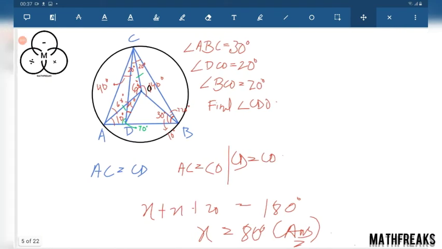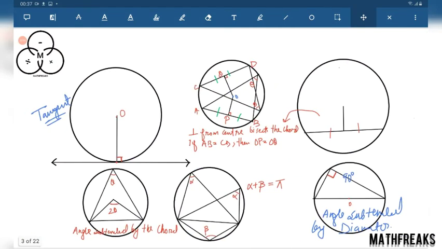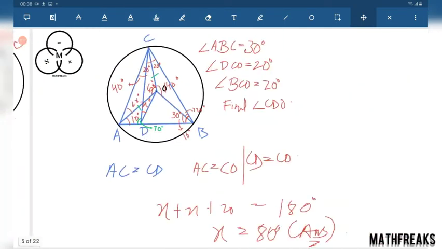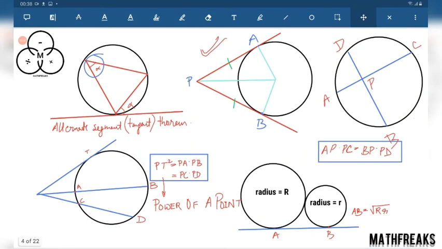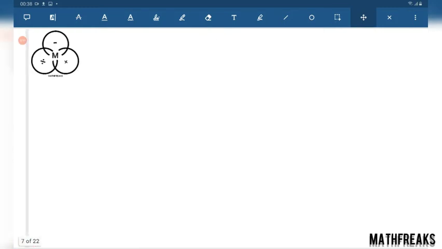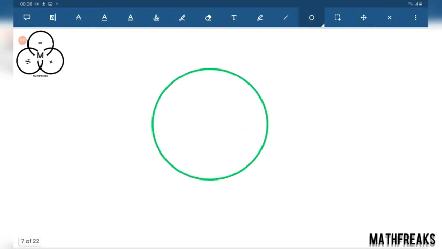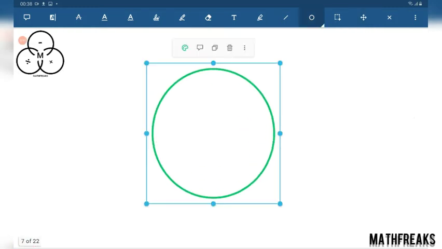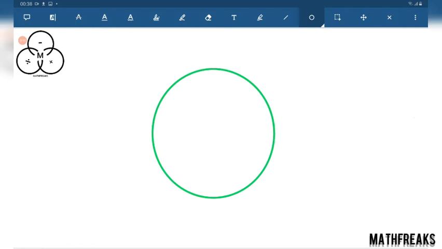Let us go for one more basic question. This is the most basic question, just board level, school level questions like that.